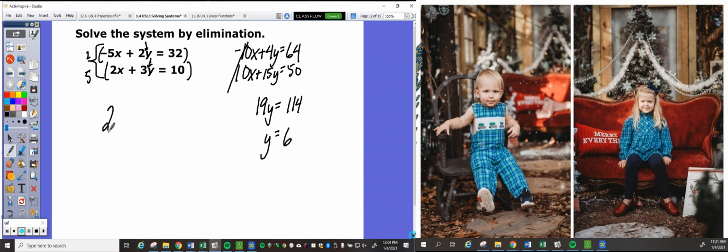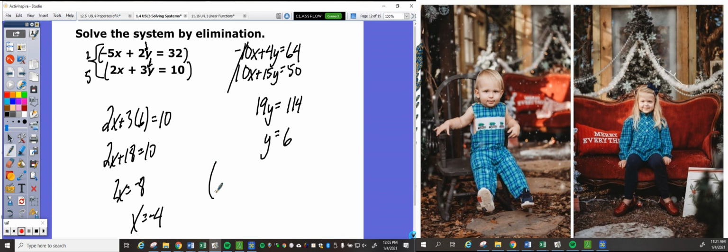We'll go ahead and take the bottom one, 2x plus 3 times 6 equals 10. So we have negative 4, positive 6. Okay. Are we good?